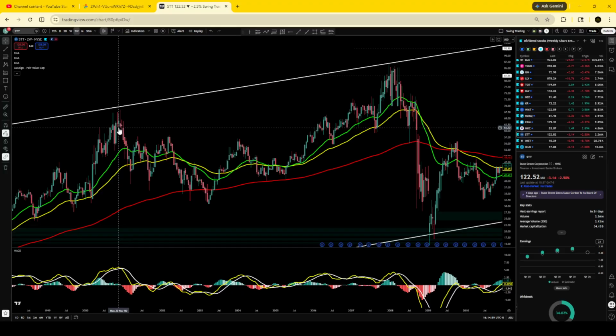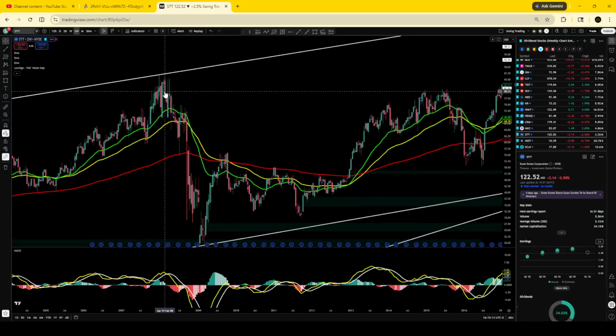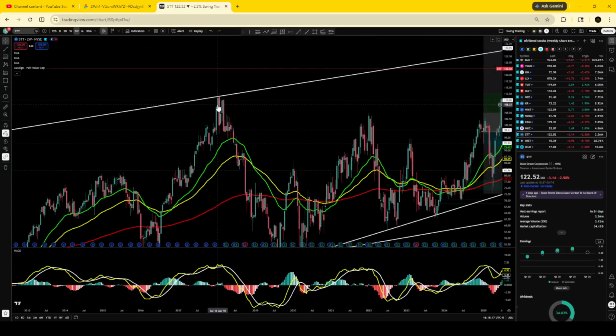This was back in 2000. As you can see, the price is down here. I mean, the date is down here. This was in 2000, 2008. We all know what happened then. Was this COVID? Nope, January 18th, 2018.